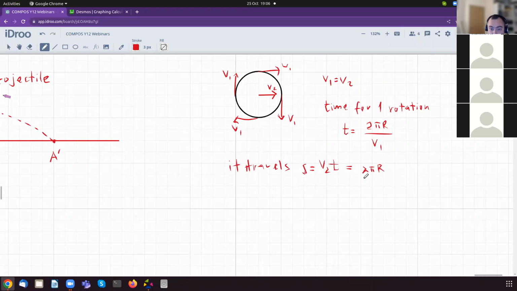So 2 pi r is v2t. So t is equal to 2 pi r divided by v1, which is equal to v2t divided by v1. T cancels. We have 1 equals v2 divided by v1, and we have v1 equals v2.